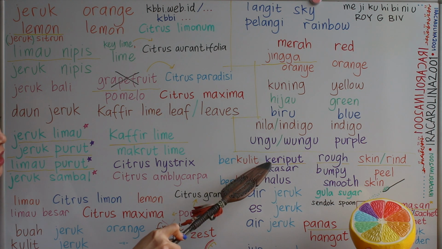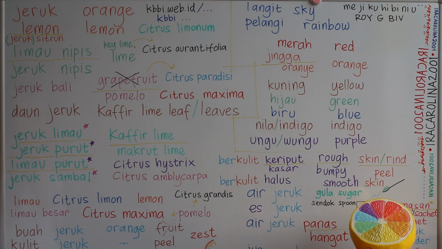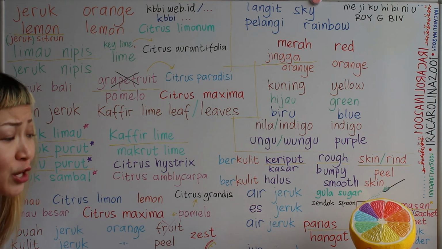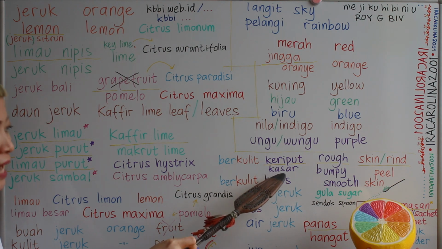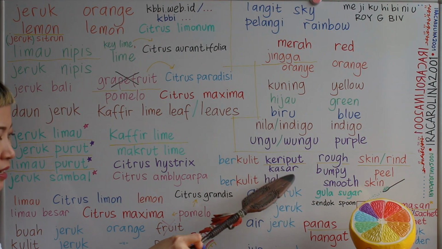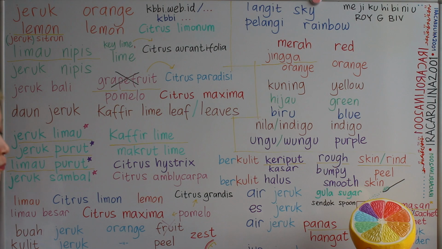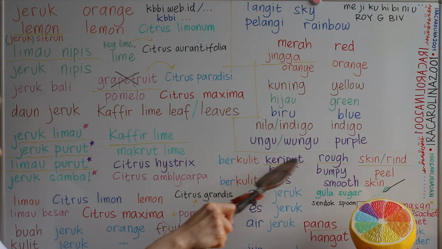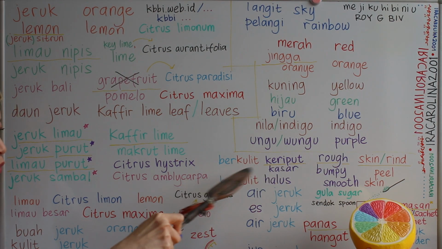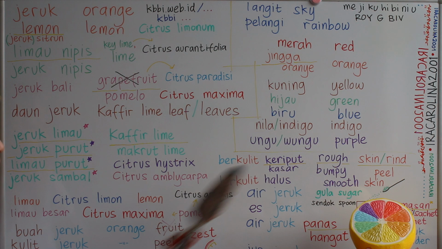Keriput is wrinkly or wrinkle. Or kasar. Kasar is rough. So, Citrus hystrix, berkulit keriput, or berkulit kasar.